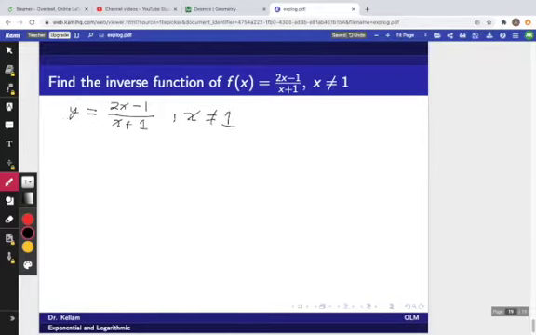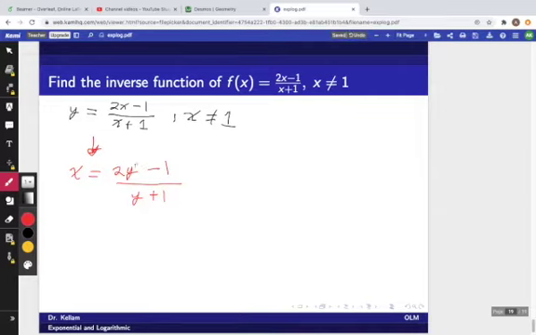I want to know the inverse function. So one way that we can do the algebraic work is to set this up as x equals 2y minus 1 over y plus 1.